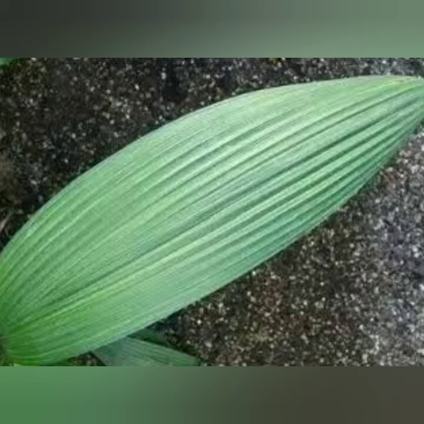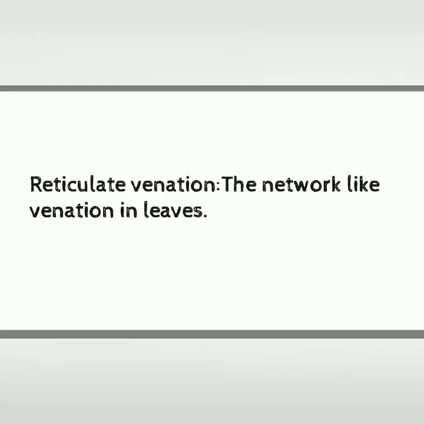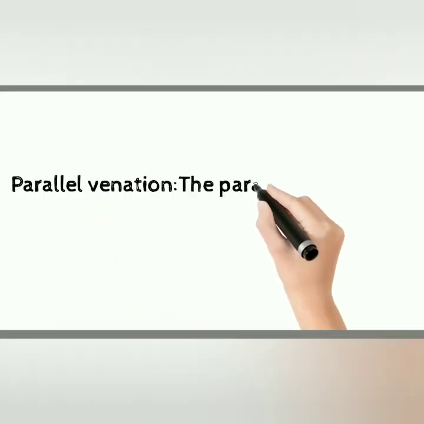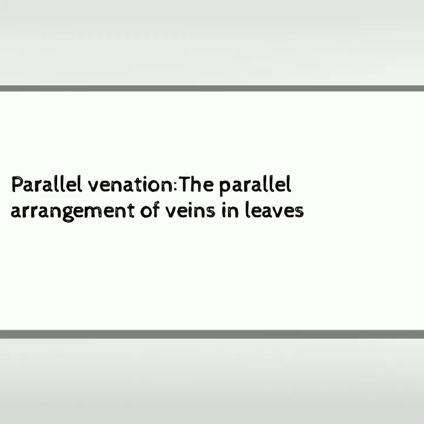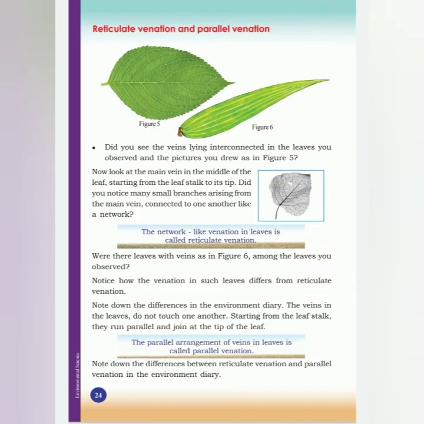So such kind of venation is called parallel venation. The veins in the leaves do not touch one another. Starting from the leaf stalk, they run parallel and join at the tip of the leaf. So, this parallel arrangement of veins in leaves is called parallel venation. So, two types of venation in leaves are there, reticulate venation and parallel venation.